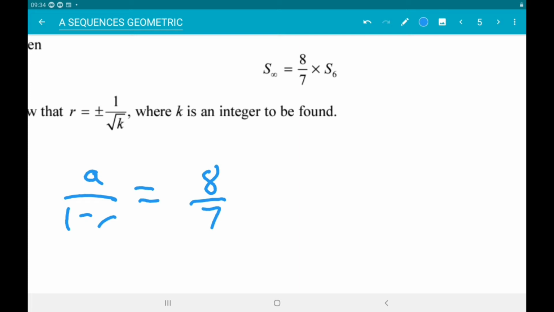So that's a times 1 minus r to the 6 over 1 minus r.